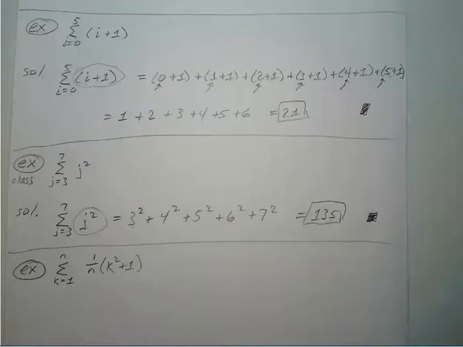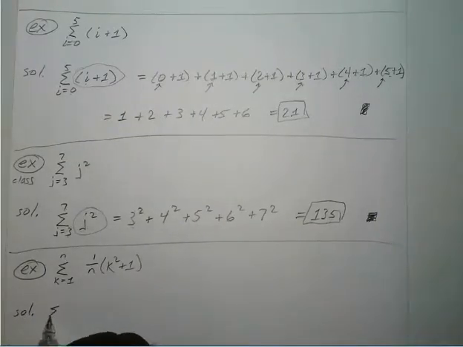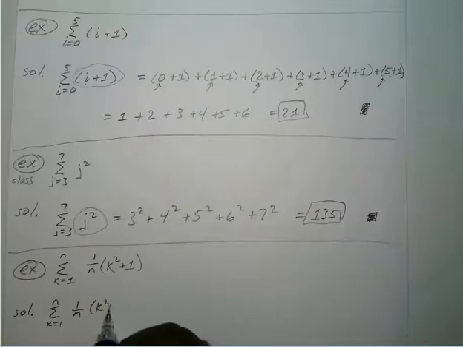All right, so I'll purposely use this one with 2 variables. Okay, so I'm just going to go ahead and rewrite it, from k equals 1 to n of 1 over n times k squared plus 1.